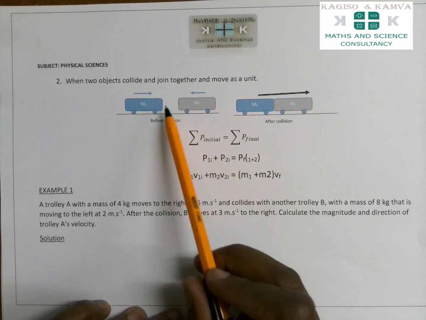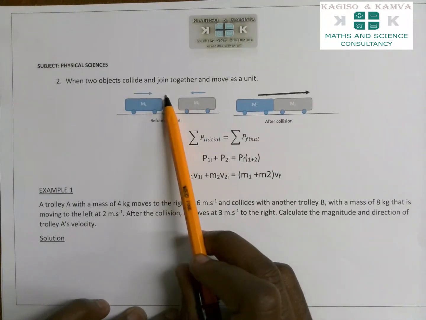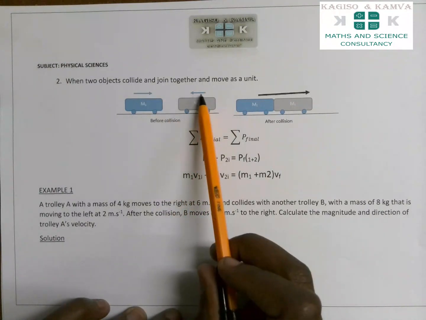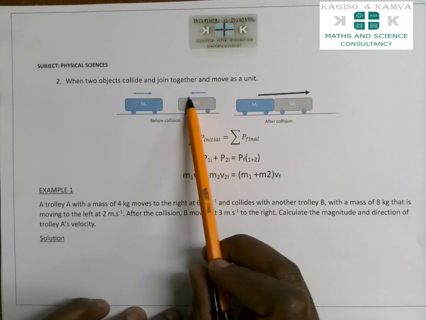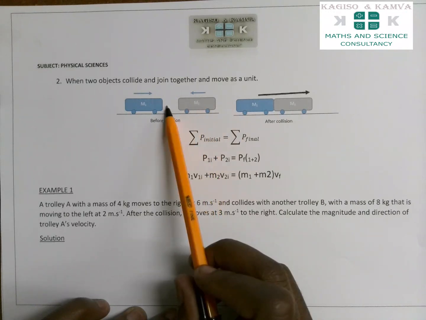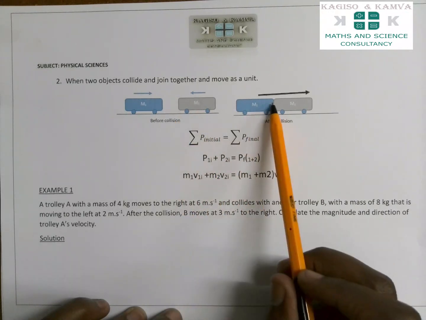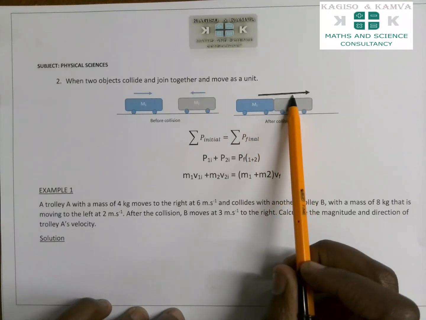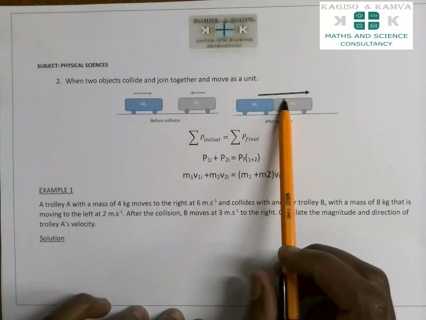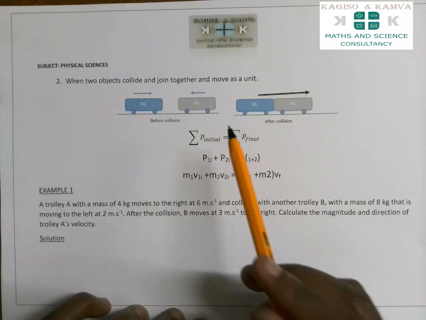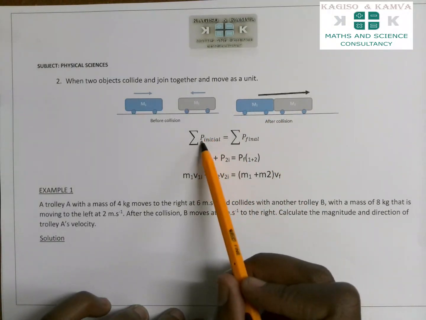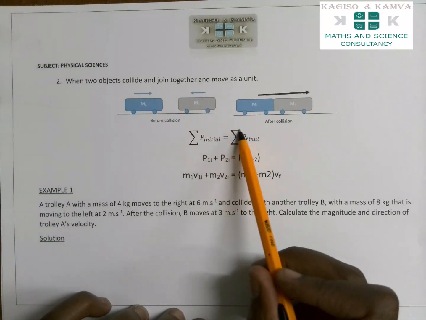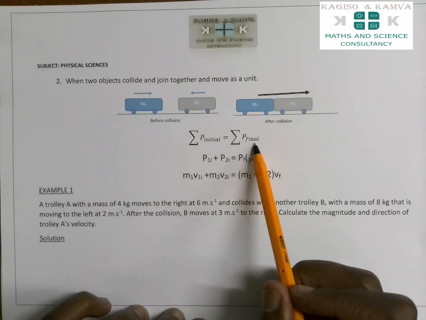Now we've got mass 1 that is moving in this direction and mass 2 that is moving in the opposite direction. Now they collide. Okay, after the collision they join together and move as a unit. So how do we do the conservation of momentum in this case? We still say the sum of momentum initial is equal to the sum of momentum final.